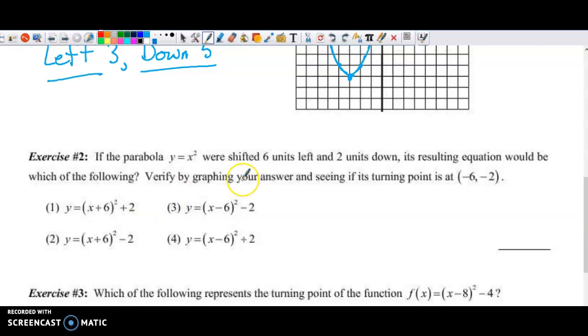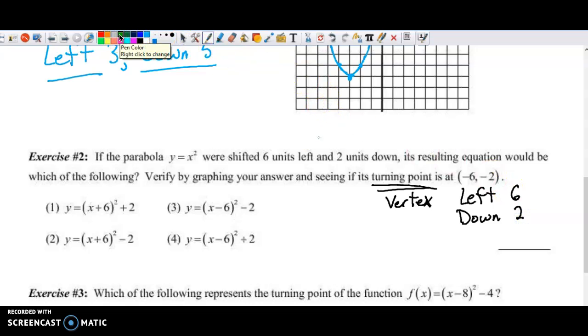If we look at the next one, we want the turning point, and remember I like to call this the vertex, to be located left 6 and down 2. Think about all the rules that I established.